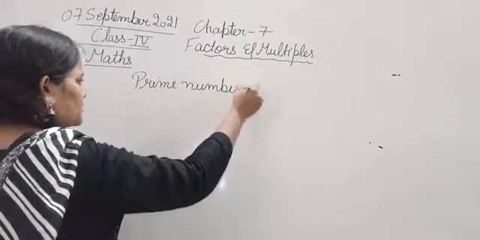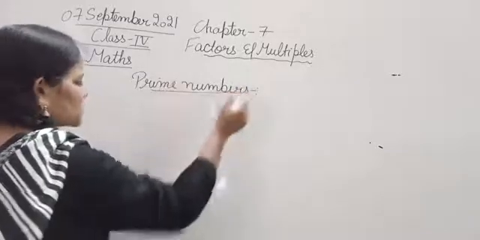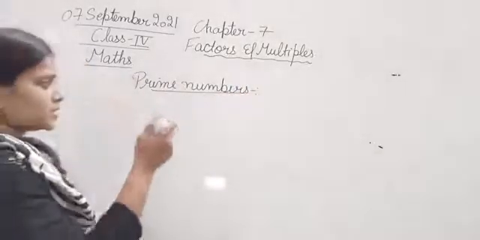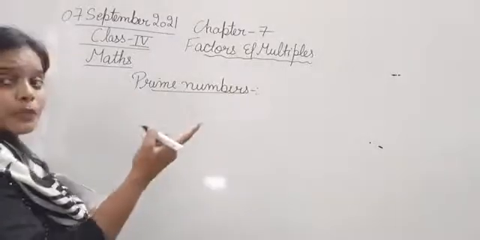So prime numbers are those numbers which have only two factors, but they are greater than 1.